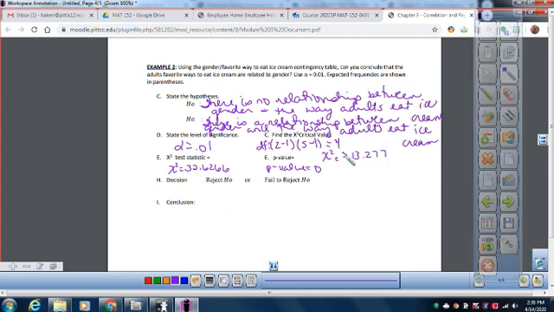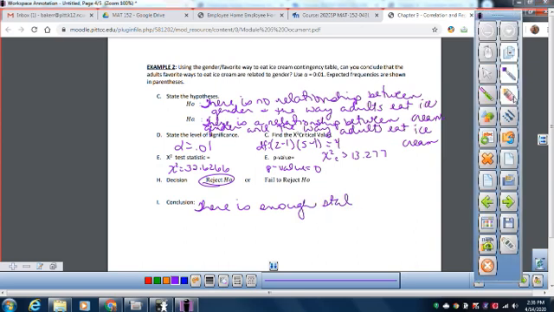Since 32 is greater than 13.277, we can reject. And you say there is enough statistical evidence, or enough evidence, to reject the null.